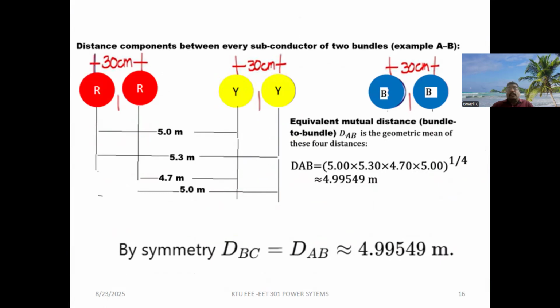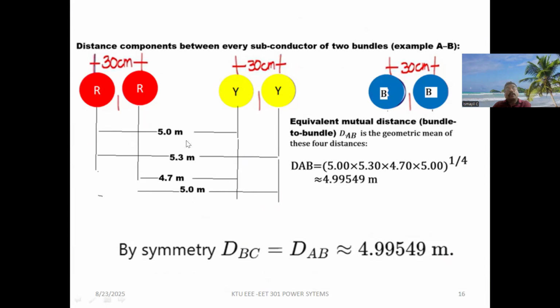To solve it exactly, we have to consider the distance between each subconductor. So here I am considering now only my R phase and Y phase. I'll be calculating the distance between the first subconductor of R phase with the first subconductor of the Y phase.